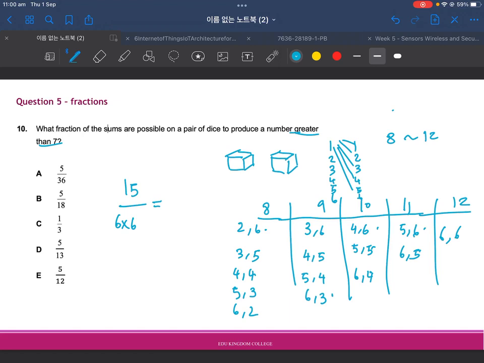Each of those numbers can pair up with every other number on the other die. So there's 6 for one number, 6 for the other, and so on for 6 numbers. So 6 times 6. So we've got 15 over 36 as our possibilities. And we can simplify this. Divide top and bottom by 3. 5 over 12. So our answer we get is E.